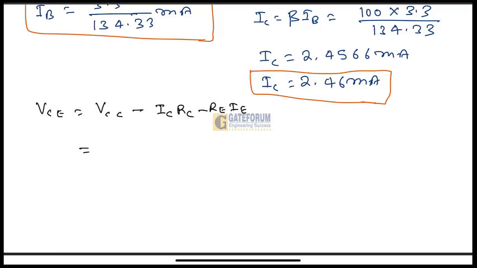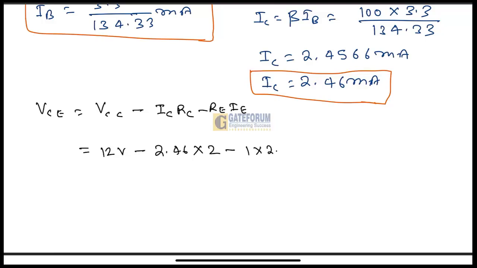So VCC is given here as 12 volt, minus RC is given as 2 kilo ohm. So here kilo and milli cancel each other. So simply we can write this IC is 2.46 and RC is 2 kilo ohm, so we multiply this by 2, milli and kilo get cancelled.